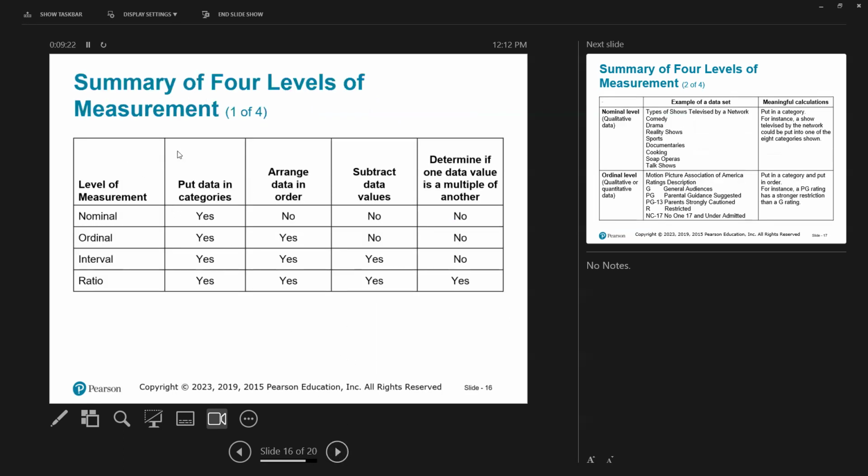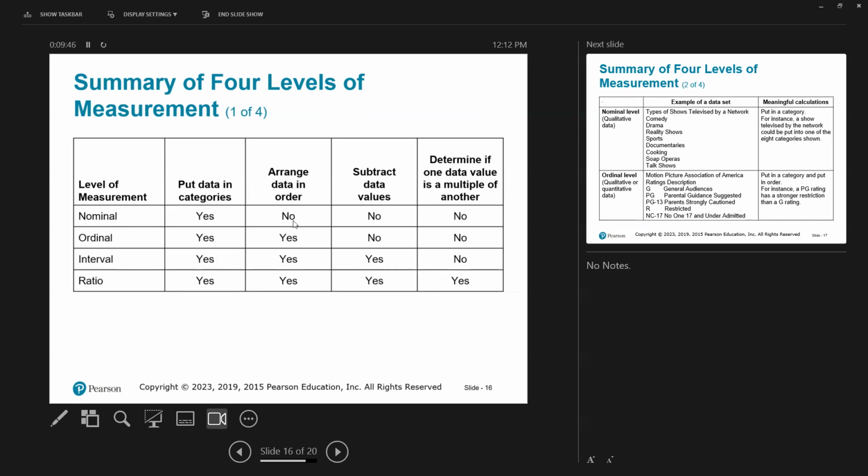Summary of the four levels of measurement, four levels of data: nominal, ordinal, interval, and ratio. All of these levels put the data in categories. You can arrange the data in order with all of these except the nominal one, like your eye color or your height, where you cannot really order these two different attributes.